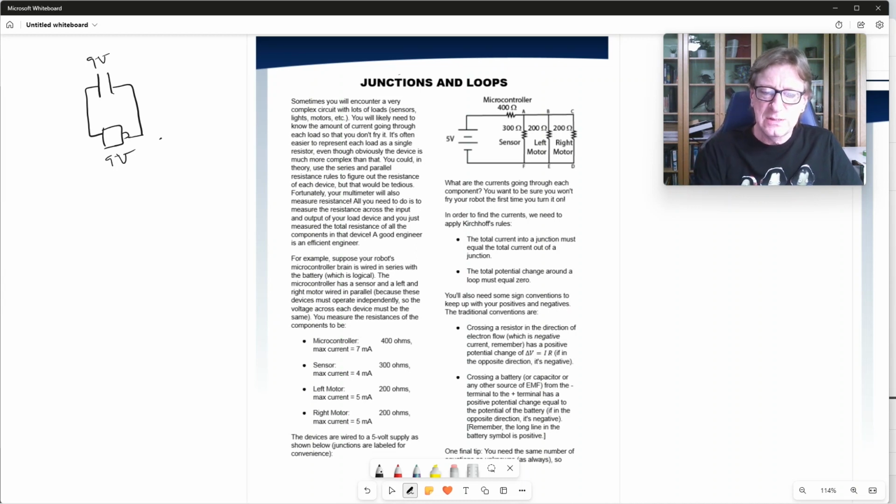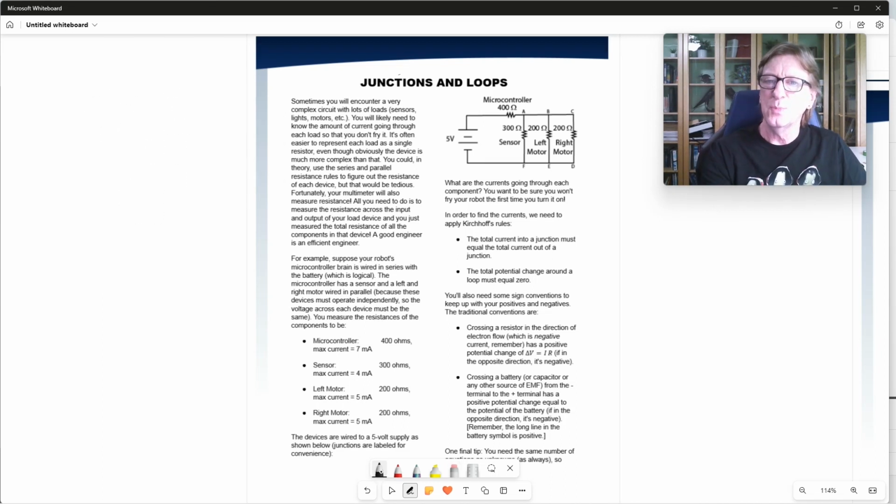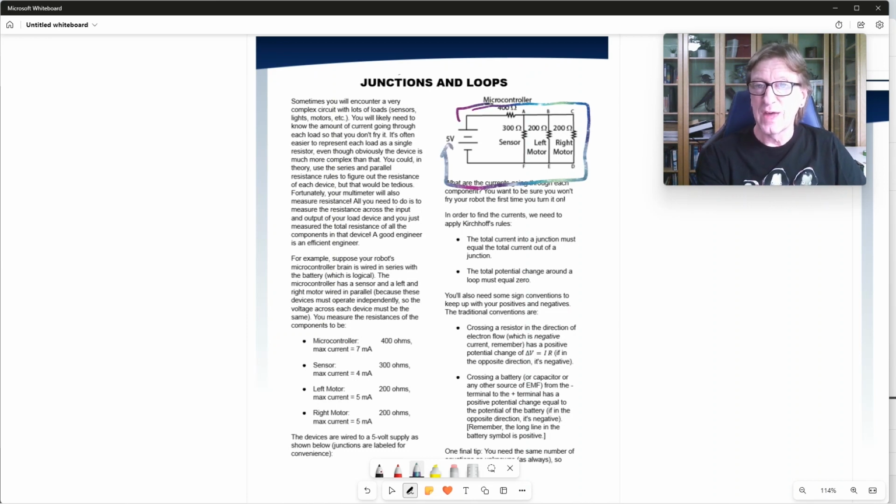The only thing that's different here, if I can erase this, since we're not going to need that, is that I've got more than one possible loop. So for example, I could do the big loop here, and the total change around that loop would have to be 0. So if I add up all of my potential, I'm going through here and then down this one and then this one.